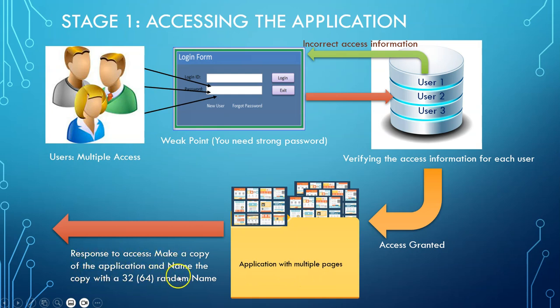So this is the first response. The users will not be able to access the original application, the original pages, and the application will make a copy. And this copy, of course, will be named randomly by at least 32 or 64 random letters.